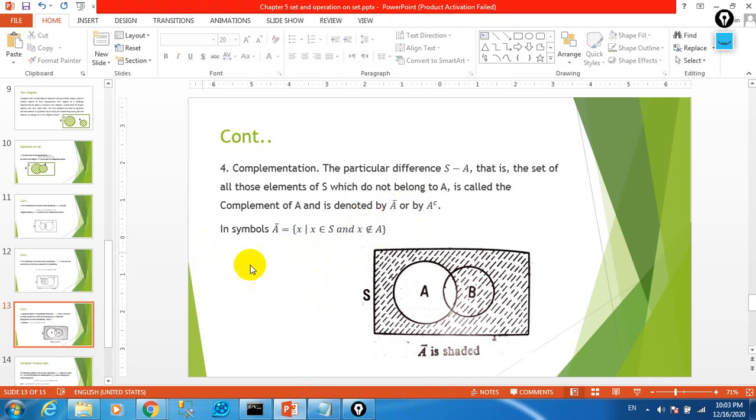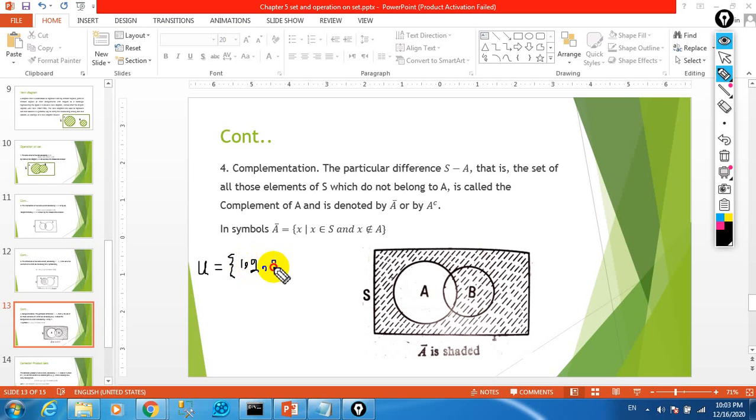For example, if we have a set U, for example U is equal to 1, 2, 3, 4, 5, 6.